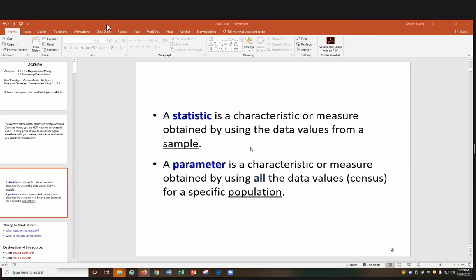So don't think that a statistic is something fancy or weird. It's just something calculated based off of a sample. For a parameter, it's the same idea. It sounds fancy, but it's just something calculated based upon a population. So in other words, the population average, the population standard deviation, the number of people in the population, all those sorts of things, those are parameters.